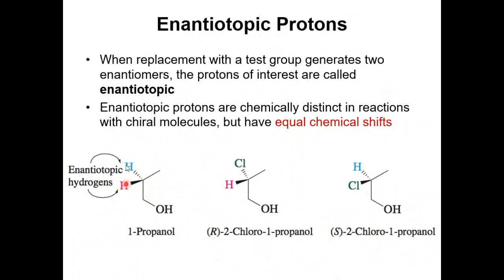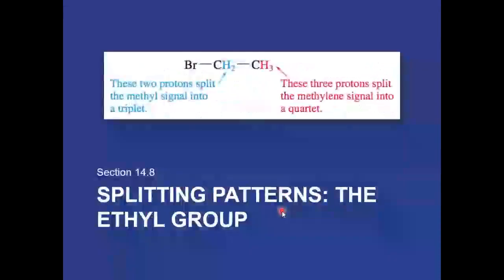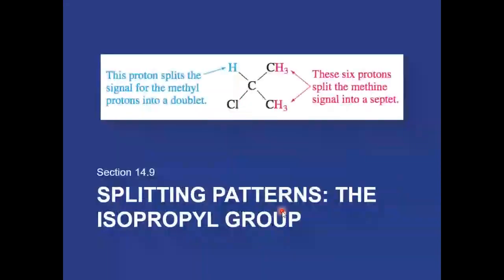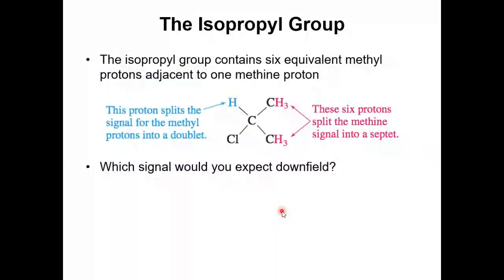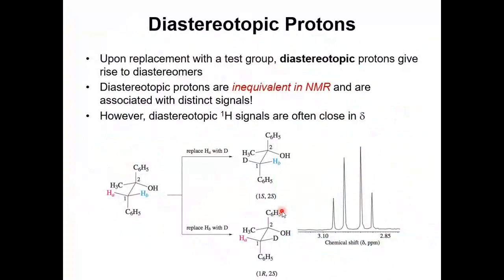Like those two protons, they are enantiotopic protons, because replacing this pair of protons generates a pair of enantiomers. Also, if two protons have the same chemical shift value, they will not split the signal of each other, because they have the same position, so no splitting.